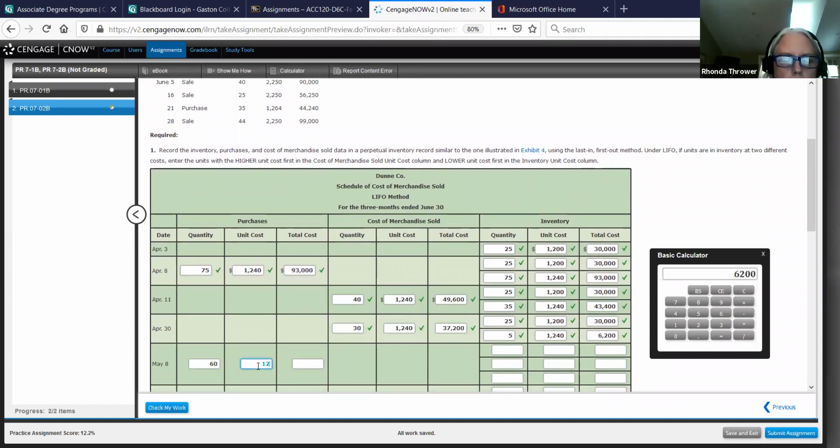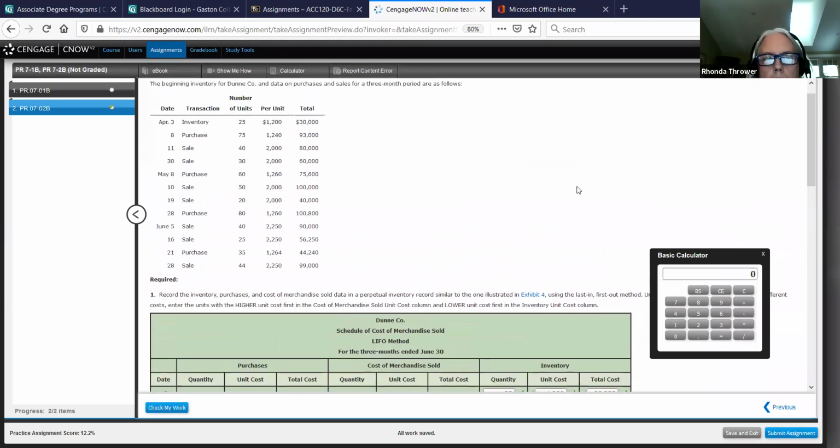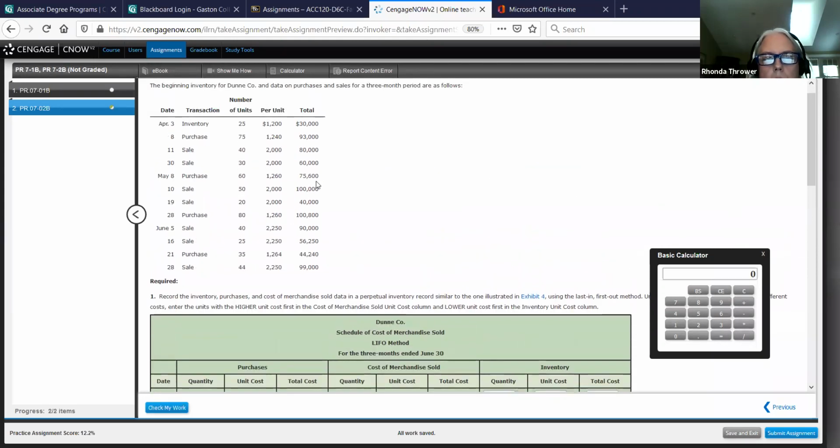And the cost of those units was $1,260. Notice our unit cost is increasing, so we're in a period of rising prices. Multiply 60 times 1260, and they've already done this for us, that will give you 75,600.